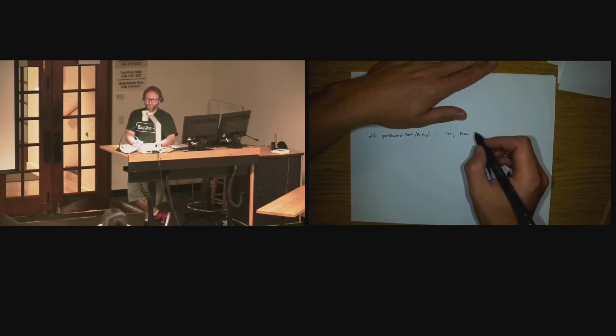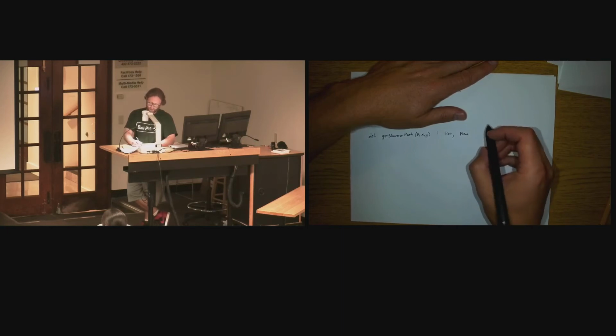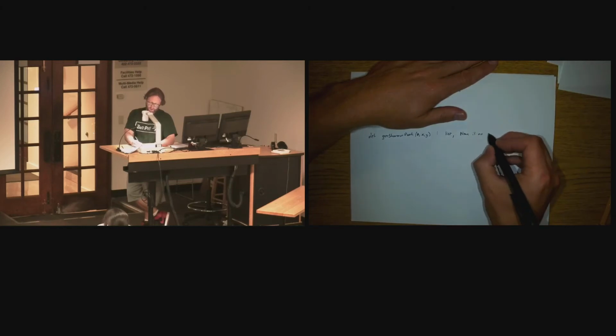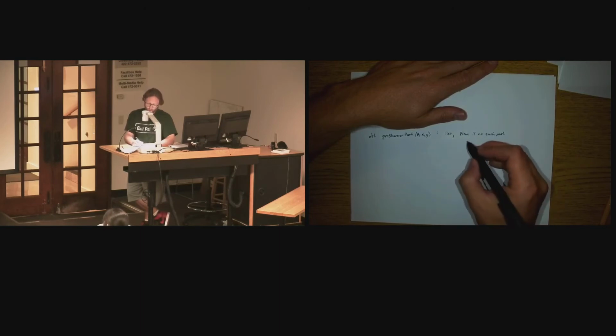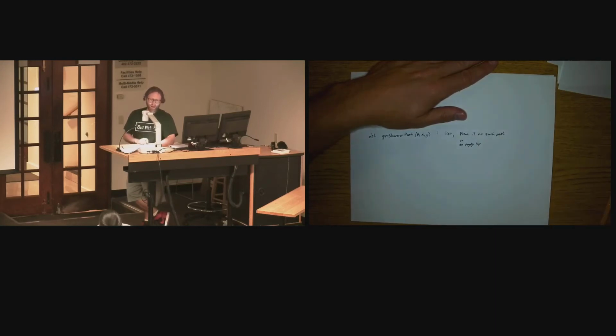Just like True and False are case sensitive for some weird, stupid reason. Return None if no such path. Or it could be that the result is an empty list or something. Whoever wrote it should have the documentation, we could use it.